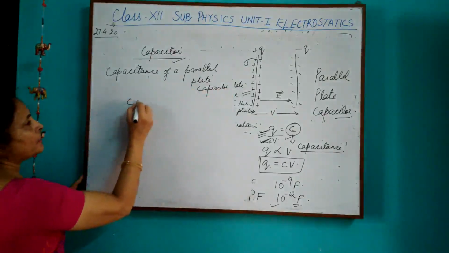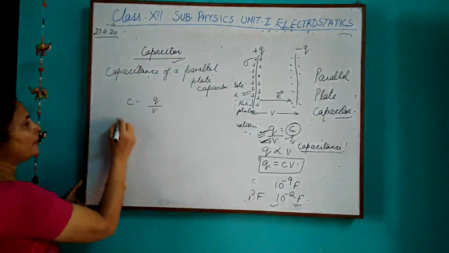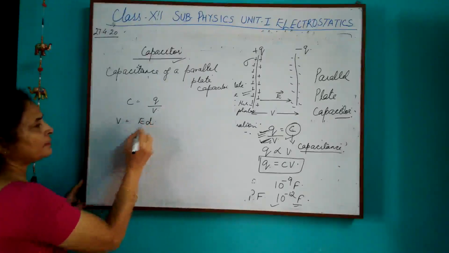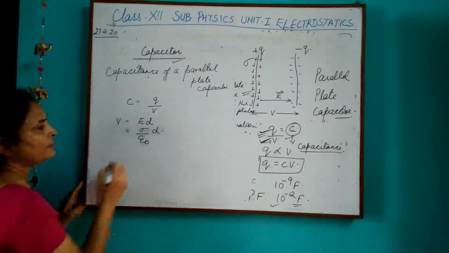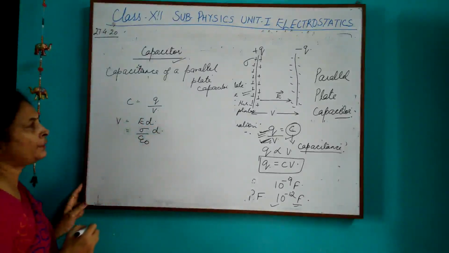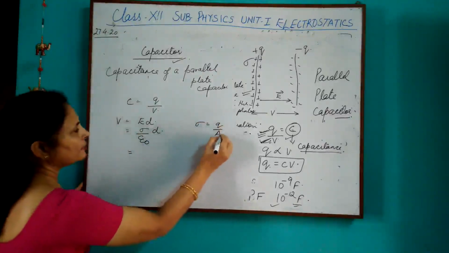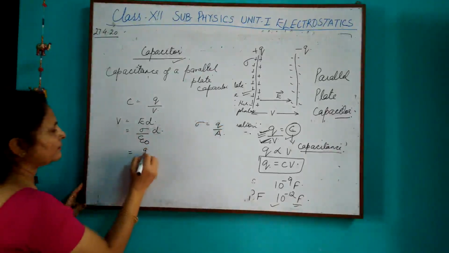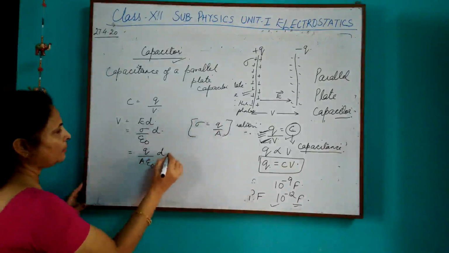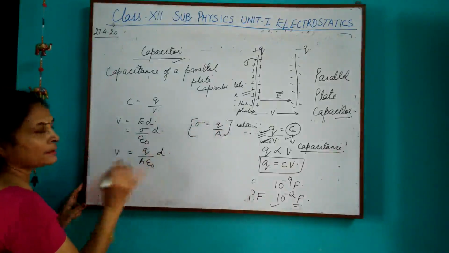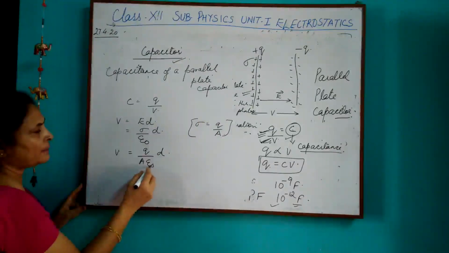We know C is equal to Q upon V. V can be written as E D. E can be written as sigma upon epsilon naught into D. Sigma can be written as Q upon A. See, now these are in basic values. So V can be written as Q upon A epsilon naught D.